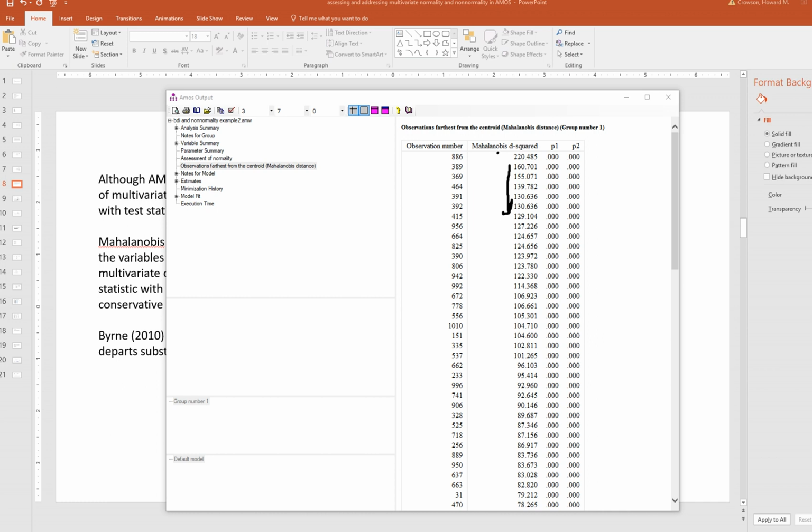So the highest value is here, and then we have decreasing values, and you can see that they seem to creep down, but there seems to be a break point right here between observation 886 and 389. This is a large data set, so that's why we have so many. It would appear that there is some evidence that maybe case 886 is a multivariate outlier. So one option might be to delete the offending case, or you could run your analysis with and without it to see if including or excluding it has an impact on the results. But that might be a candidate as an outlying case.